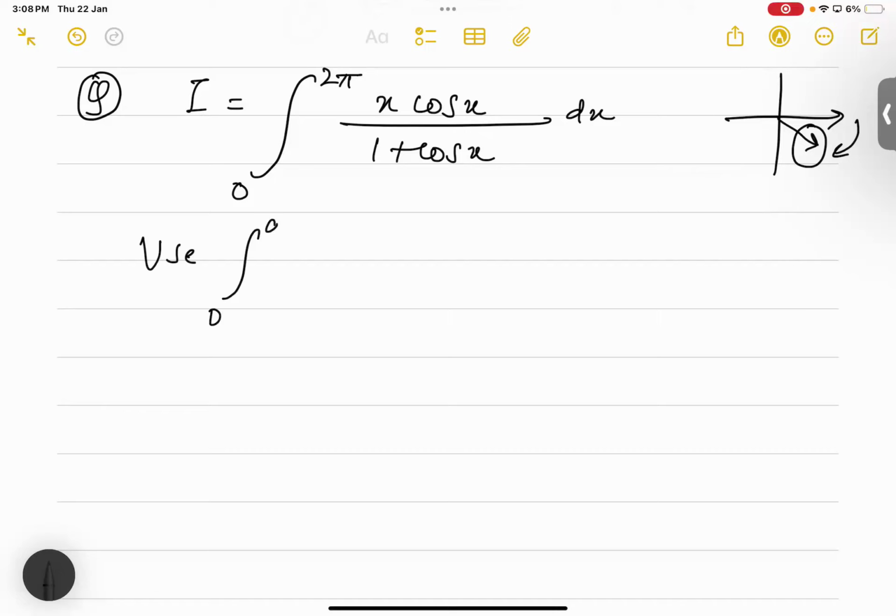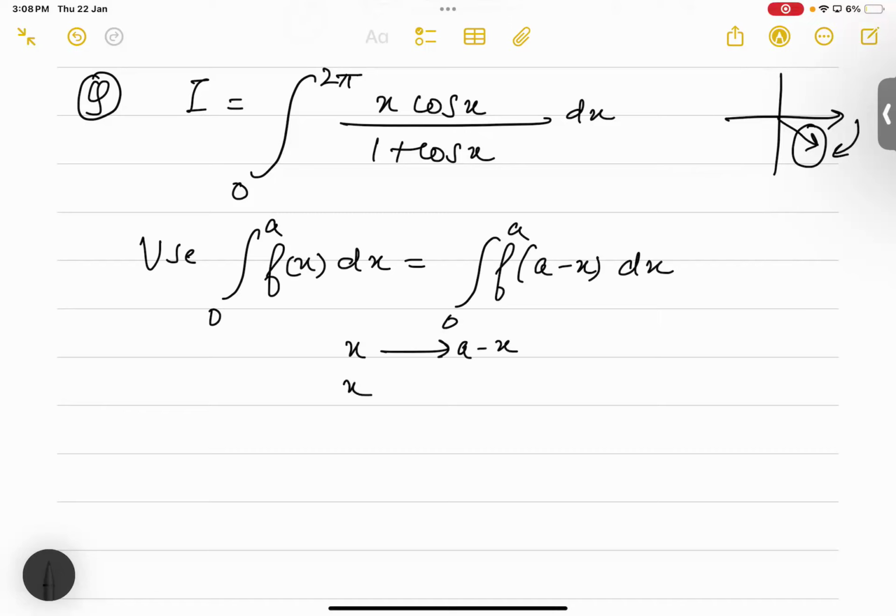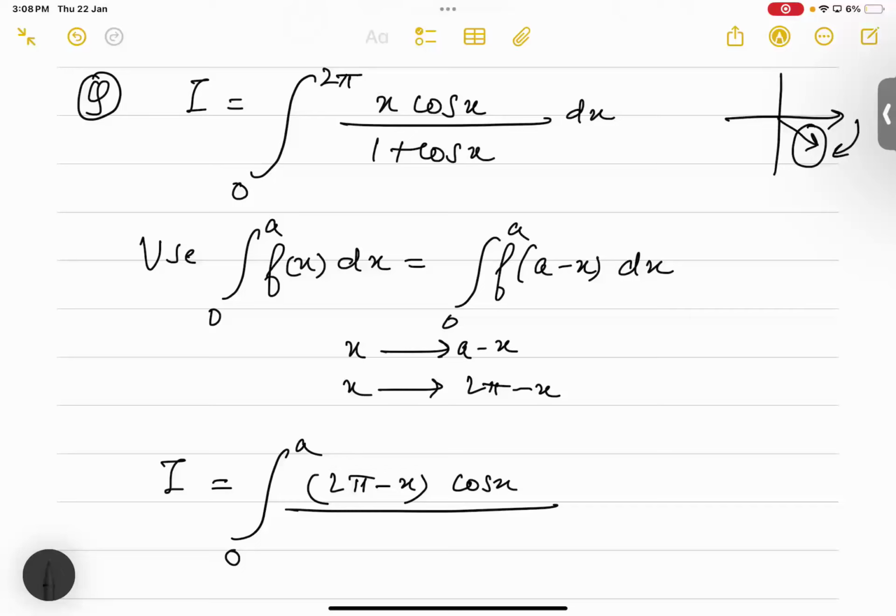Start. Integral 0 to a of f of x dx equals integral 0 to a of f of a minus x dx. x changes to a minus x, so x will change to 2 pi minus x. So this will be 2 pi minus x times cos of 2 pi minus x, sorry.